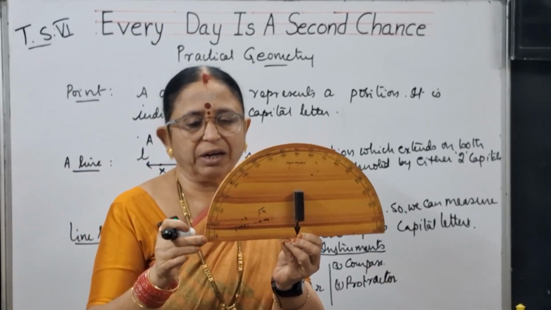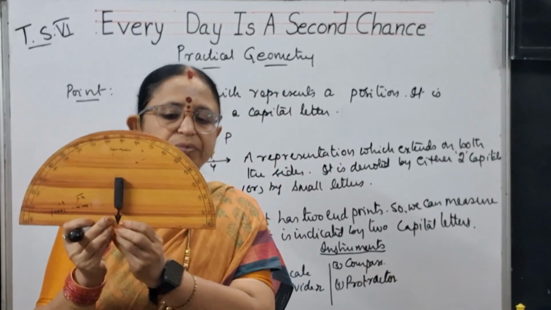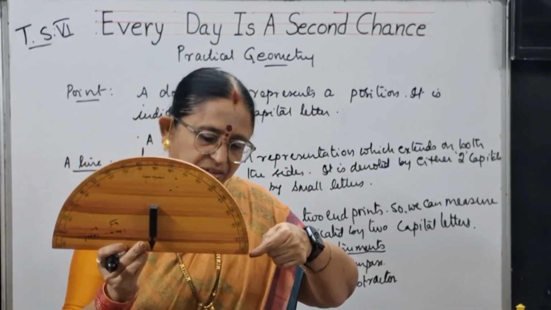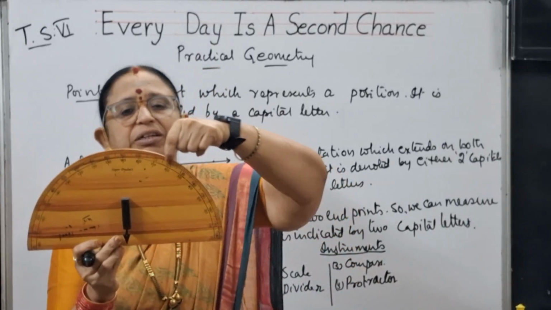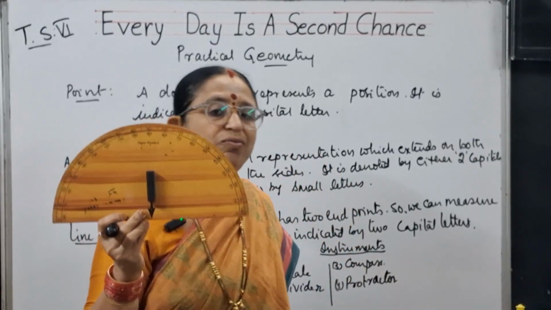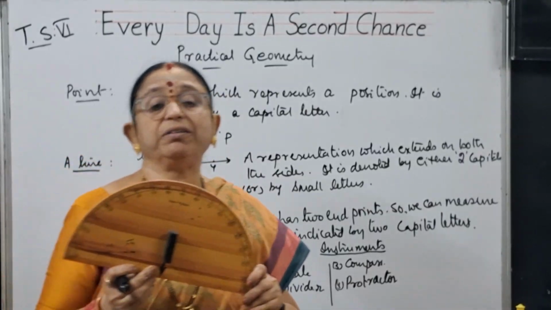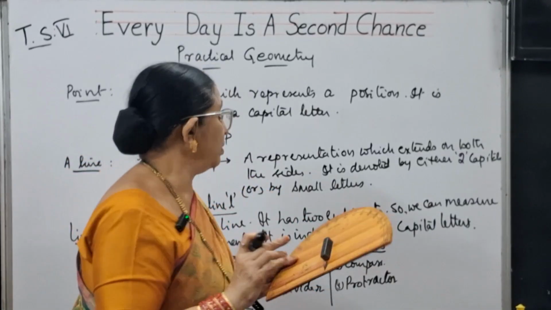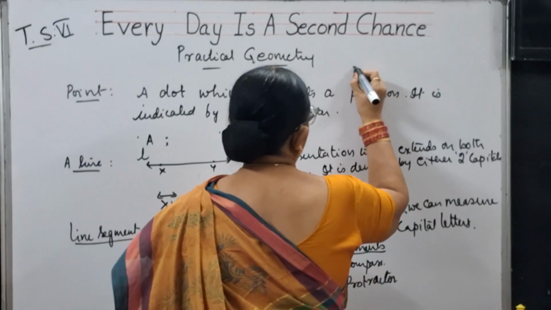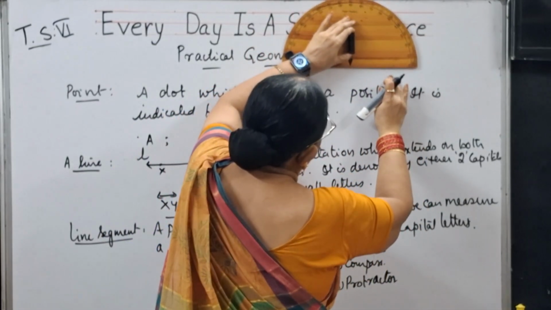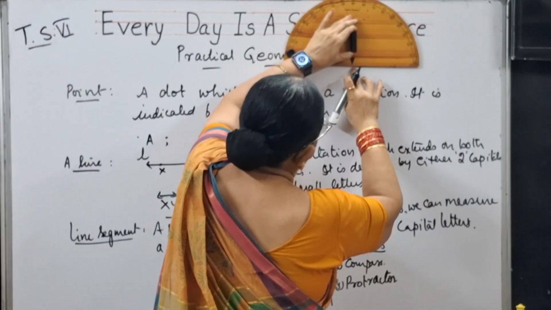Suppose you are keeping a line segment at this side. The line segment extends in this side. Then this 0 you have to take and you have to measure the angles like this. So which 0 you are going to take depends upon the line segment, children. See, for example, I'm drawing a line segment here. Suppose if I take this here, see, this is ending here.